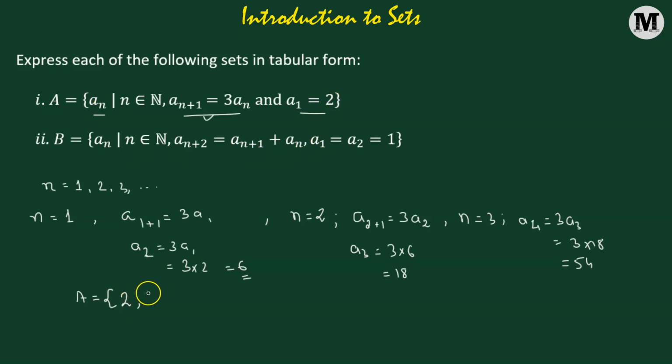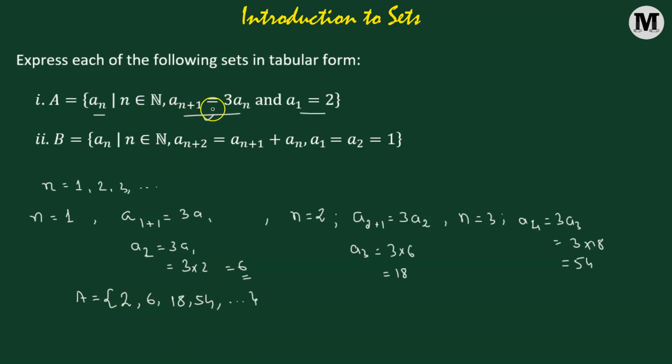So that's the first element. Then n equals 2 gives us a_2, which we found to be 6. Then a_3 is 18, and then a_4 is 54, and this is going to continue. So A contains all of these elements 2, 6, 18 and 54, with the conditions that n belongs to the set of natural numbers.